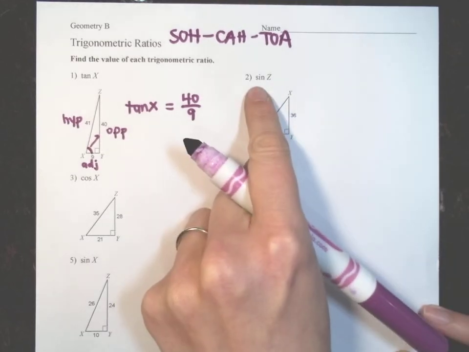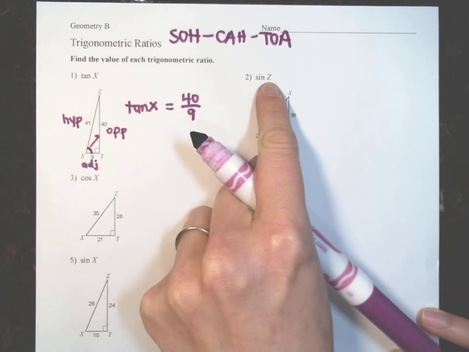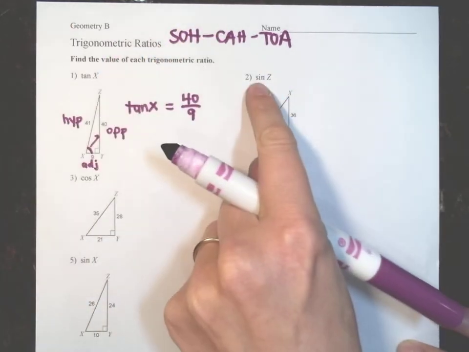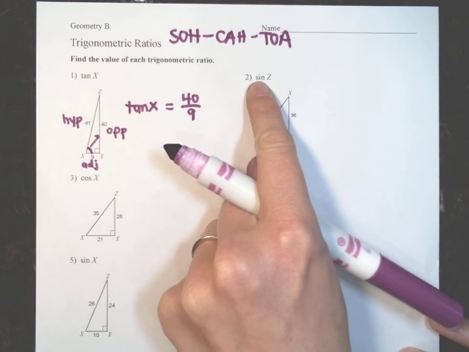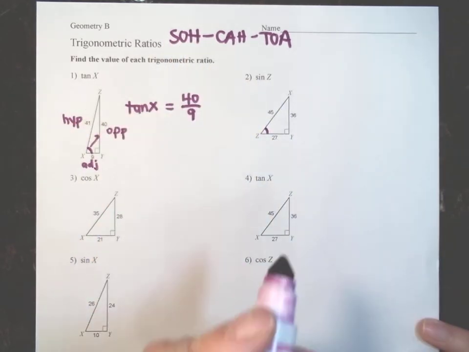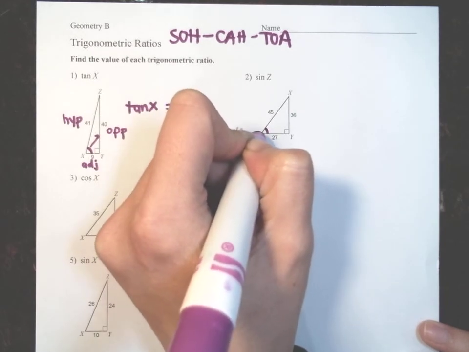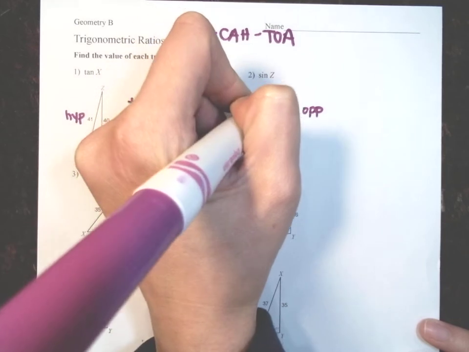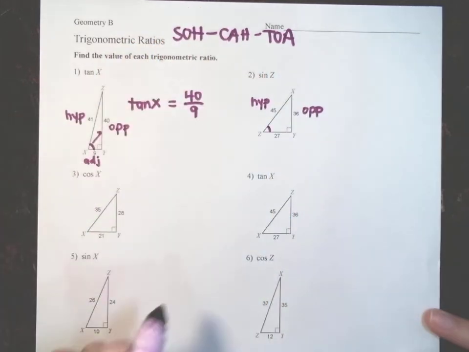And then for number 2, they want us to find the sine of z. So here is z, and we're using the sine function. So sine, we use opposite over hypotenuse. So first we want to label our sides. So 36 would be the opposite, 45 would be the hypotenuse, and 27 is adjacent.